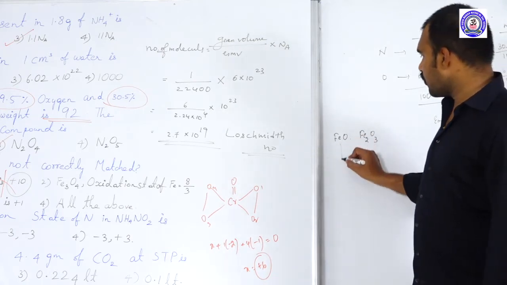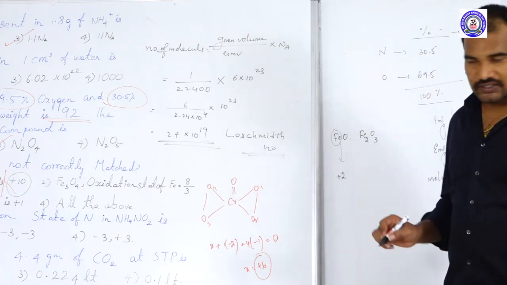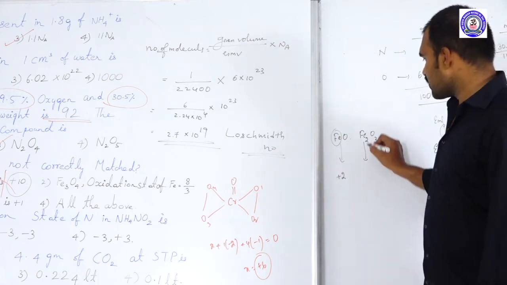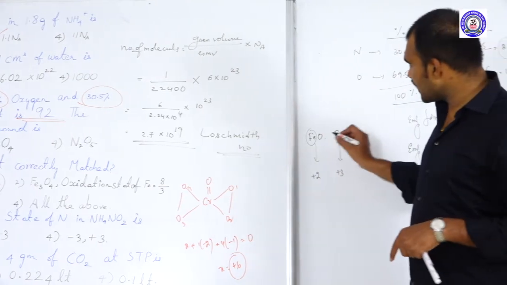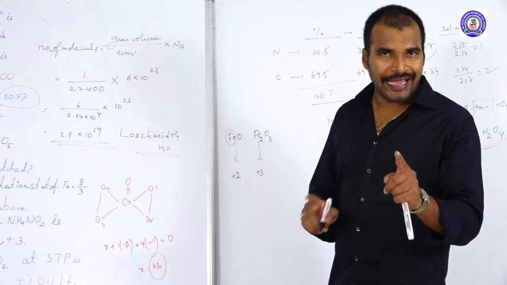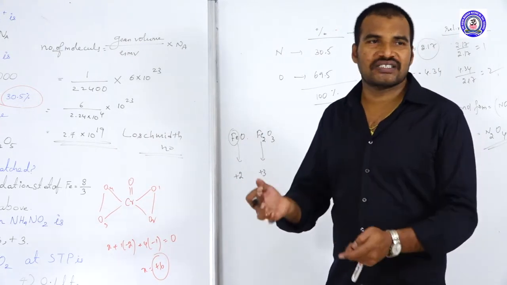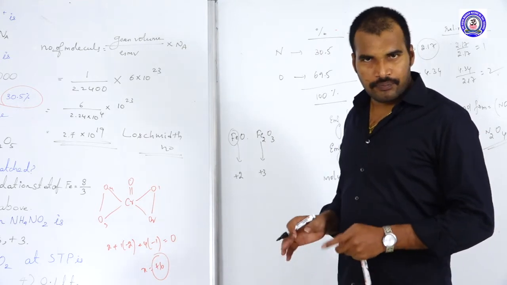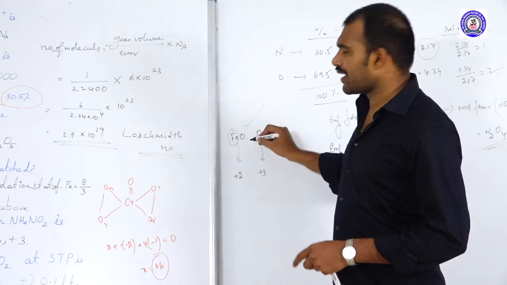In FeO, what is the oxidation state of iron? Plus 2. In Fe2O3, each iron oxidation state is plus 3. That means out of 3 irons, 1 iron atom is in plus 2 state and 2 iron atoms are in plus 3 state.